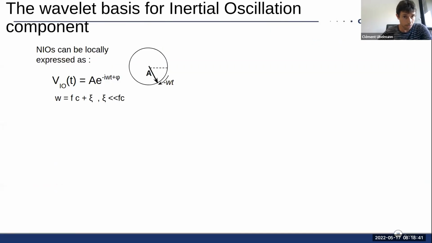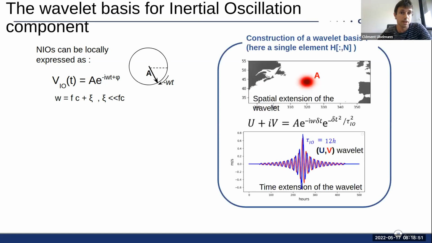The NIOs can be locally expressed under this form because it's a rotating field in the clockwise direction. And we know, although this is yet to be better confirmed with actual observation, that it's mostly on large patterns. That's why we could construct covariance functions with quite large scales and oscillating content.